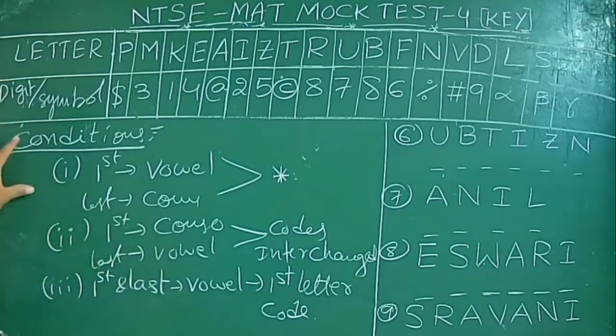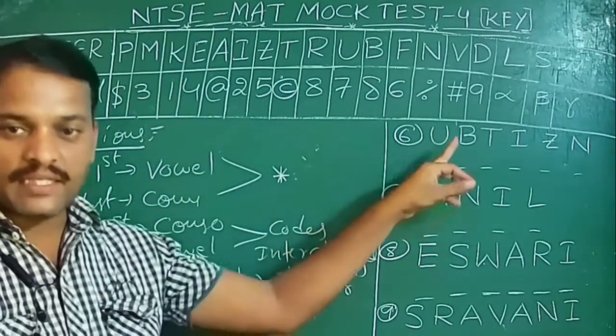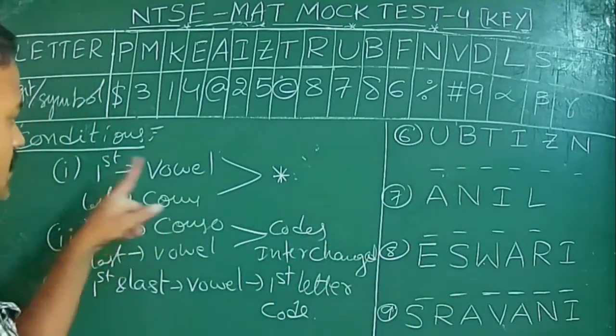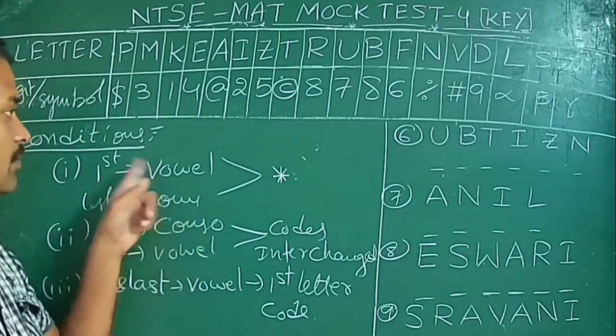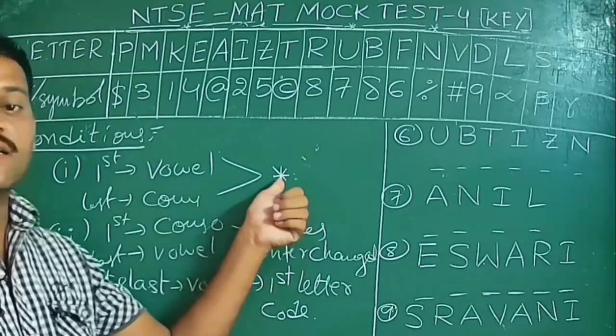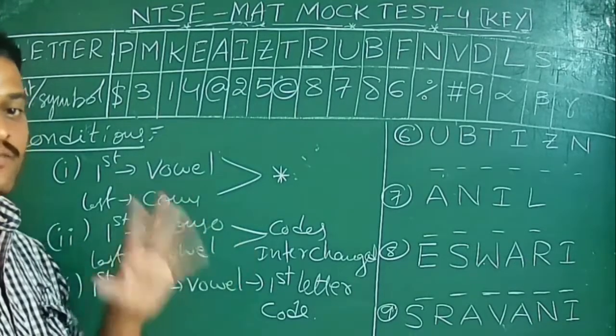Okay. So first of all, the first condition is in the given word, the first letter is a vowel and the last letter is a consonant. For both the letters, you use the symbol star. Okay, that is the first condition.